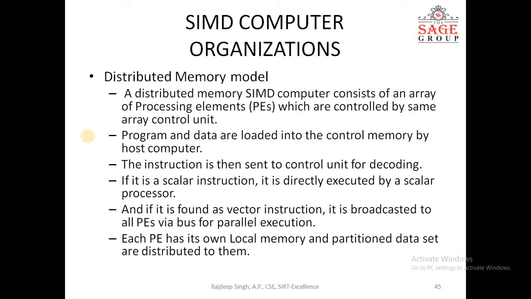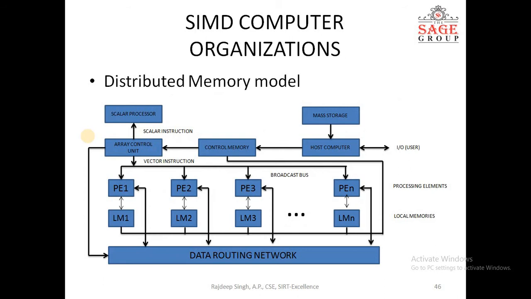So in the next slide, in the block diagram, you can see that I am starting from the starting step. From mass storage, program and instructions are loaded into the host computer. This host computer will load the instruction and data to the control memory. Now control memory will decode it, or you can say it will forward it to the array control unit.